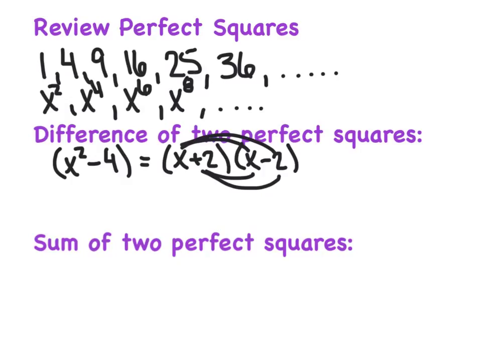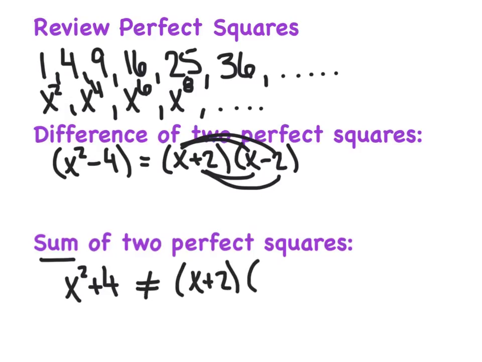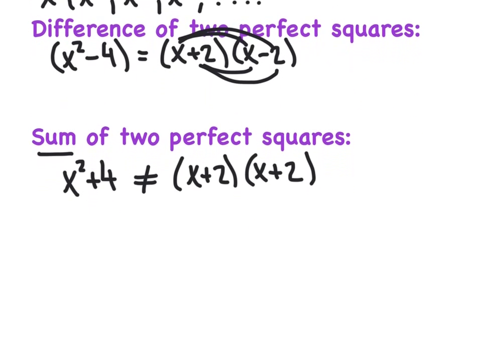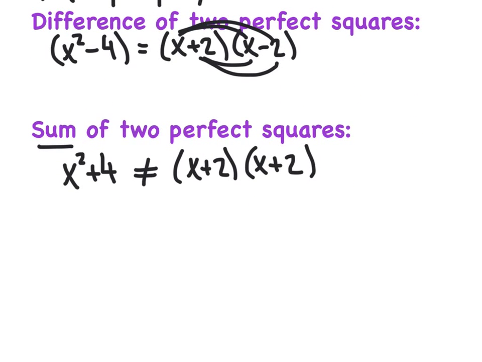However, do you ever wonder why we never talked about the sum of two perfect squares? Let's say we had x squared plus 4. Believe it or not, that does not equal x plus 2 times x plus 2. In fact, it's impossible to factor the sum of two perfect squares. If you're having trouble buying into that, we could substitute a specific number for x.